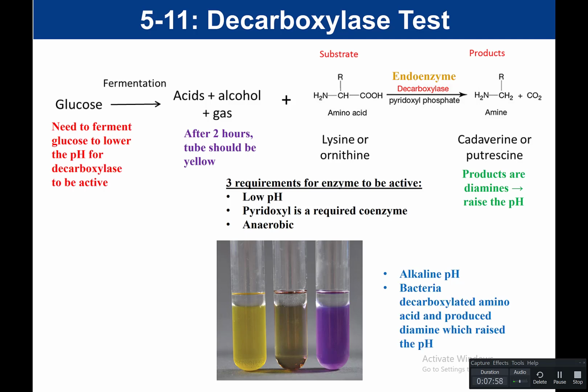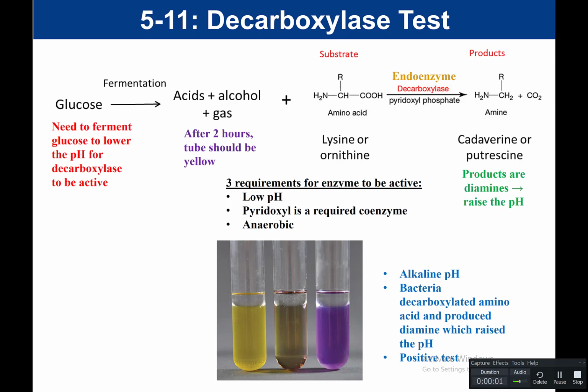What that tells us is that bacteria decarboxylated the amino acid and they produced the diamine, which raised the pH. So is that a positive or a negative for decarboxylase? And the answer is that is a positive. So my positive test is going to be purple with turbidity. Bacteria grew, they decarboxylated the amino acid, and they produced the diamine, which raised the pH. That's our positive. So purple is going to be our positive.